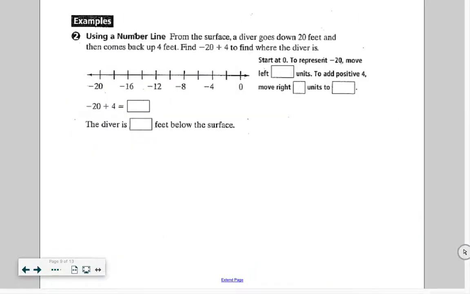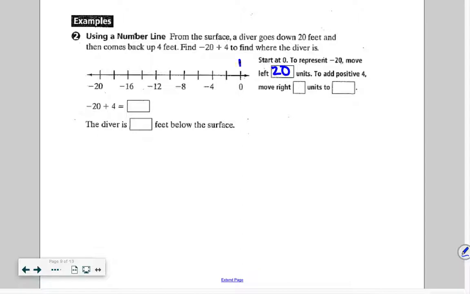Going back to a number line. From the surface, a diver goes down 20 feet and then comes back up 4 feet. Find negative 20 plus 4 to find where the diver is. So we're going to start at 0 to represent negative 20. Move left how many units?